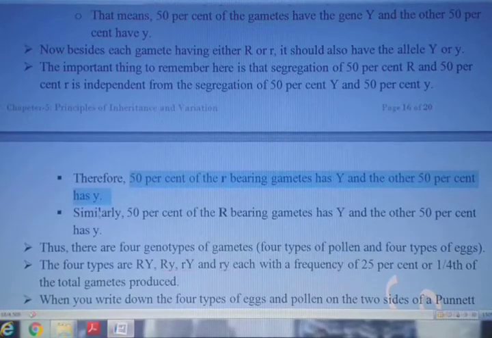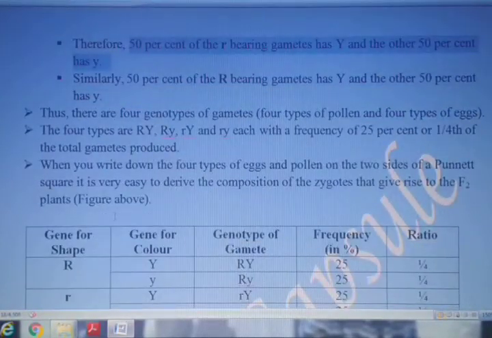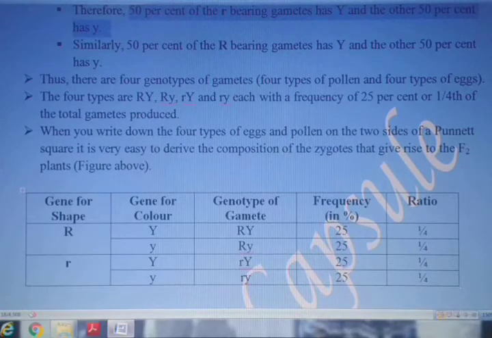You can look into this table. This is the gene for shape. Two genes are there, one represented by capital R, the other by small r. The second column has the gene for color. The two genes are capital Y and small y.